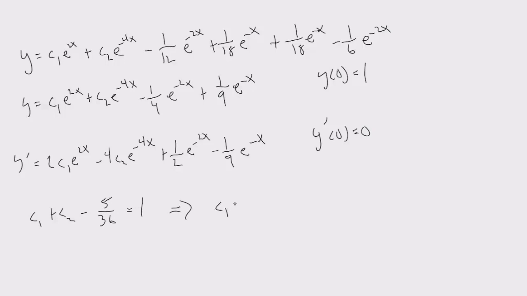And so I get c1 plus c2 equals, 36 plus 5, so 41 over 36.